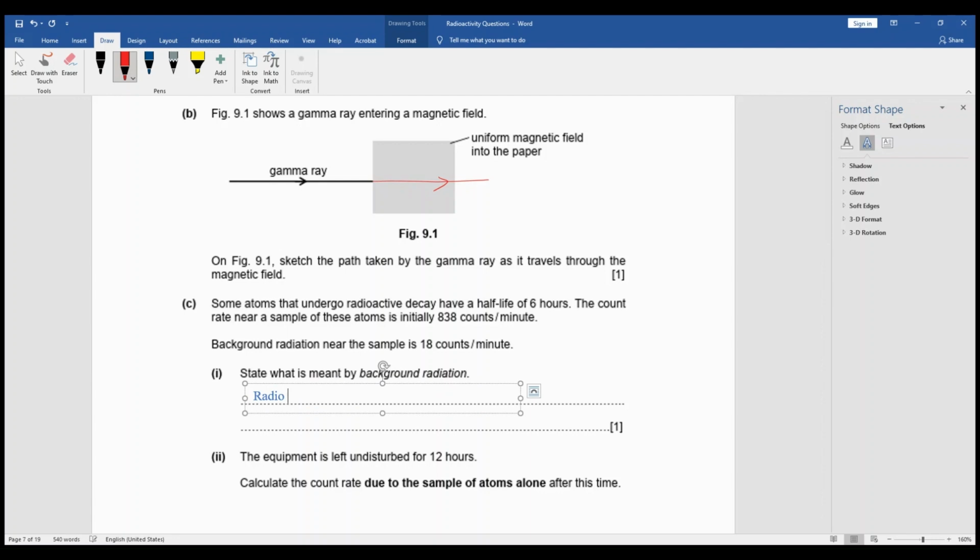Okay, it is radiation due to natural sources, such as radon gas in the air, or rocks and building materials.